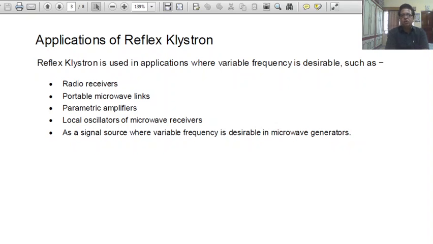That means it can be used as a signal source where we need variable frequency for microwave generators. So we have studied a brief view of reflex klystron.